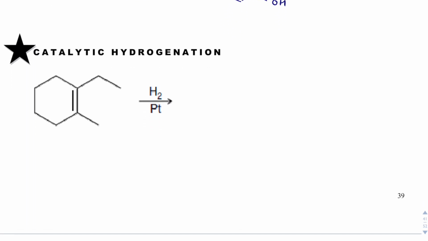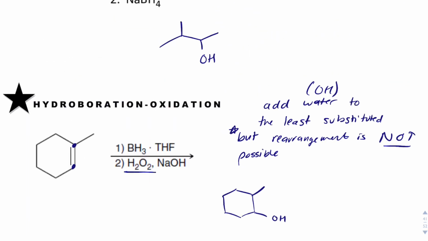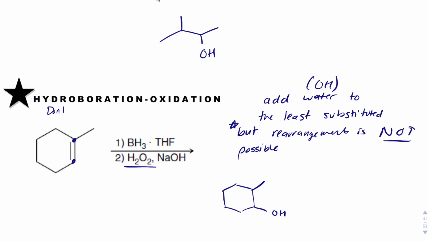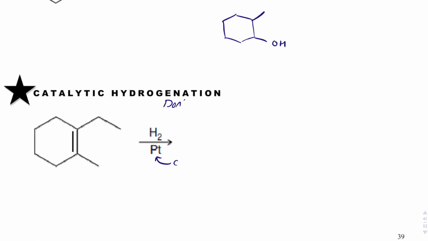Okay, catalytic hydrogenation. This platinum is a catalyst. Again, we're not going to worry about the mechanism. I forgot to write that here. Don't worry about the mechanism or the steps involved to get the final product. Same thing here. Don't worry. Okay, this is a catalyst. Typically, it's a transition metal like platinum.